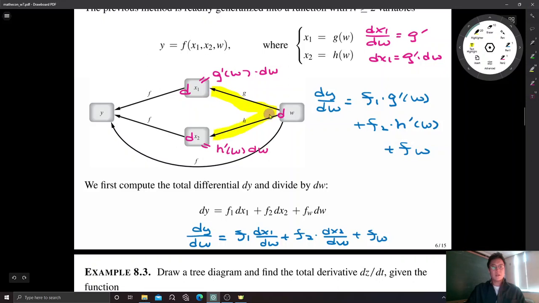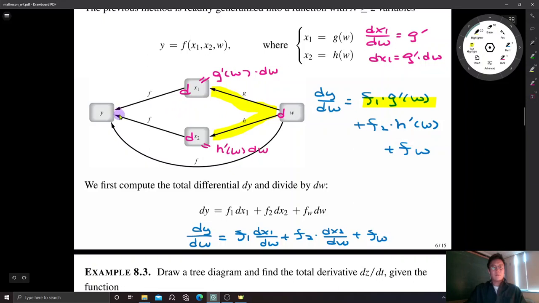Okay, so after accounting for these two channels, now we have three variables, so three variables independently change. The total differential is going to be this one: f sub x1 times dx1, but instead of dx1 we can substitute this quantity, so we obtain this one.